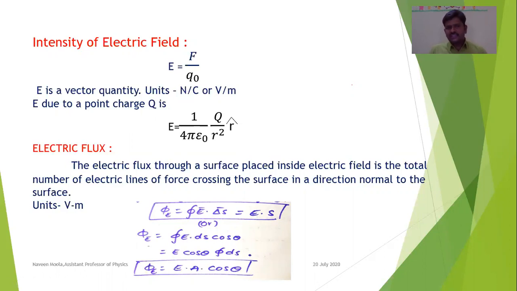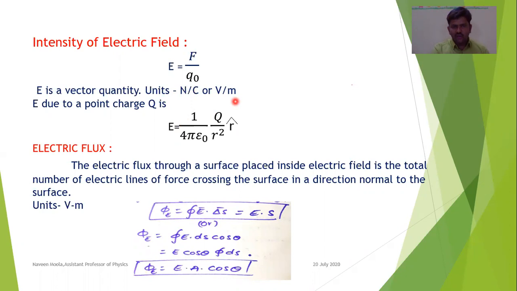We can calculate electric field intensity due to a number of point charges also using this formula. This formula is indirectly derived from Coulomb's law. That is why we can say electric field intensity can be calculated using Coulomb's law when there are point charges. This is a vector.